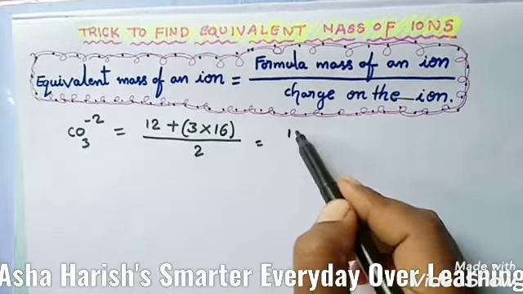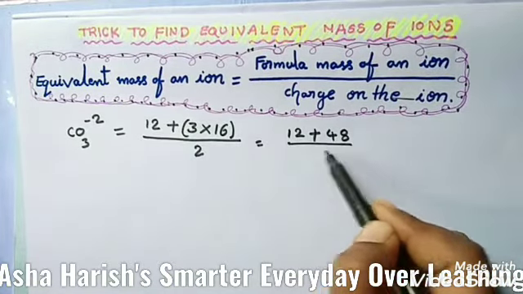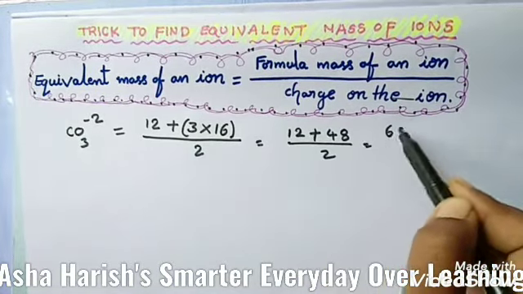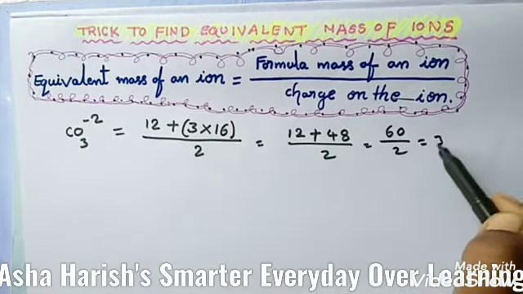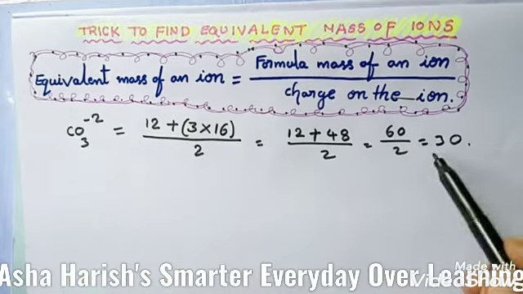So 12 plus 48, that is 60 by 2, is equal to 30. So the equivalent mass of the carbonate ion is 30.